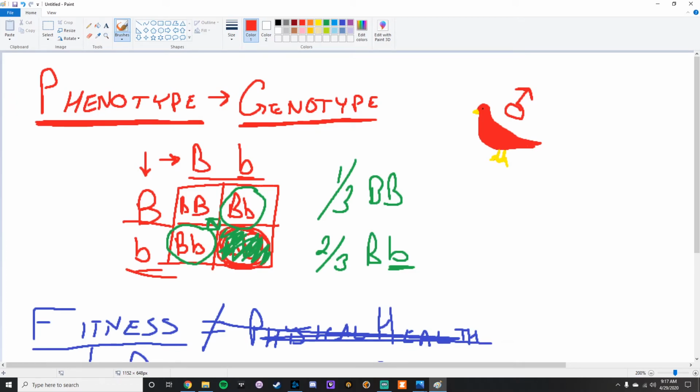But in many cases, it's determined by multiple genes, and so it's polygenic. We talked about this in class as an example of the Labrador retrievers. There's chocolate, and then there is black, and those are the two colors that they can have.